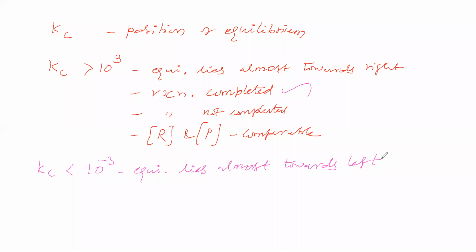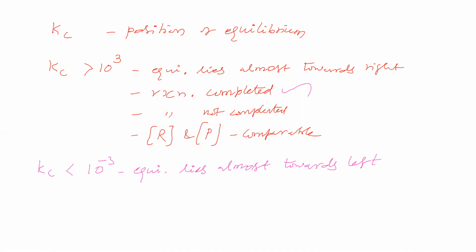Equilibrium lies almost towards the left. This means the concentration of product is less when compared to the concentration of reactant, or the concentration of reactant is greater than the concentration of product. What do you say regarding this?